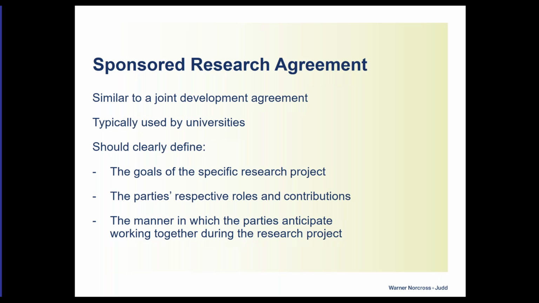With research agreements, it's typically a foundational technology that may have many applications. So defining the scope can be difficult if just focusing on the problems or the solutions. So here it's very important to clearly define the goals of the project, to understand and identify the parties' respective roles and contributions, and the manner in which these parties are going to work together, including timelines and deliverables.